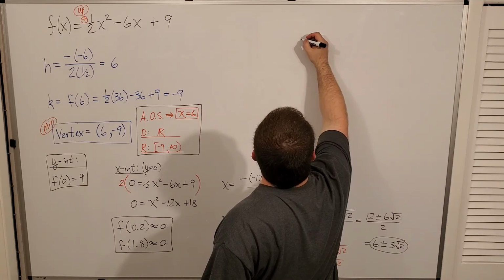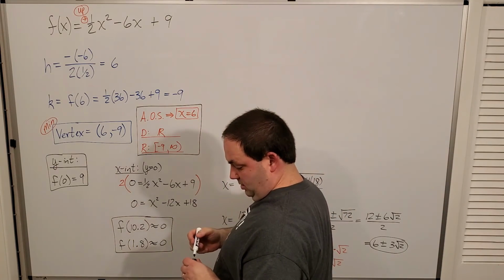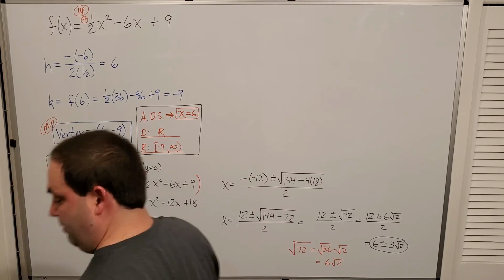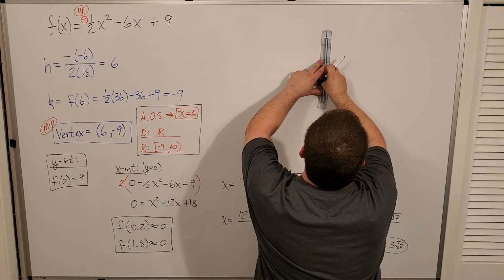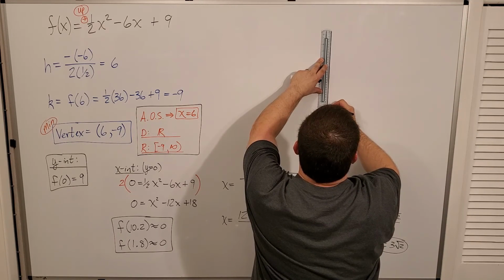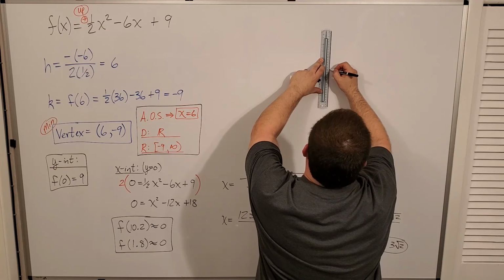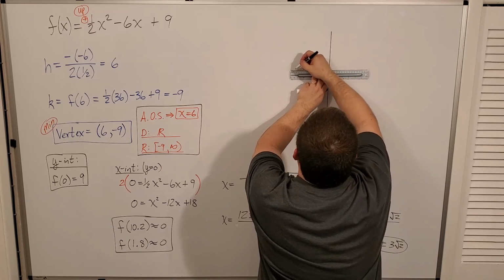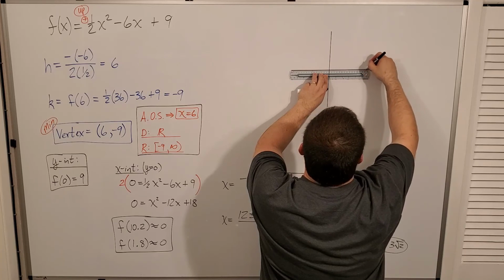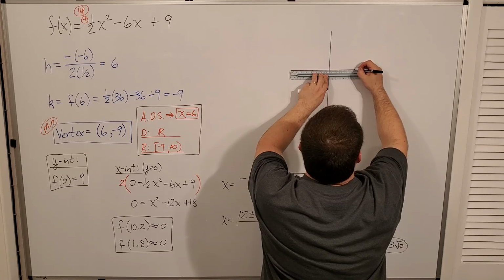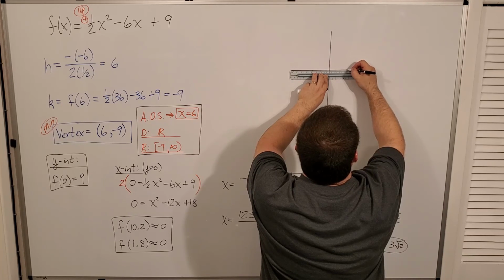So let's see. Let me just get a couple of straight lines here. Make it a little bit easier on myself. Okie dokie. Put some marks on here for me.